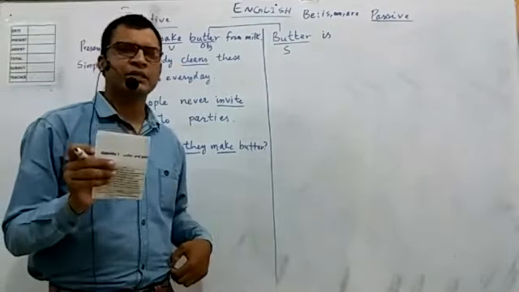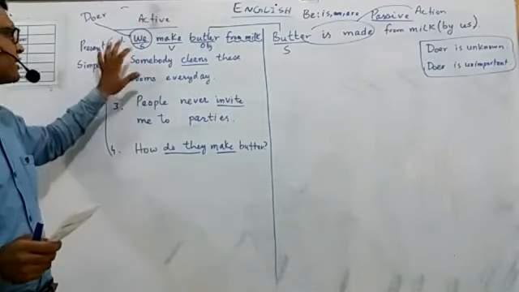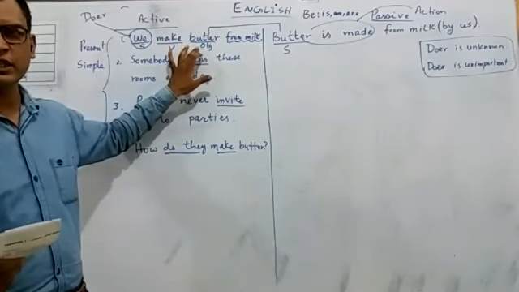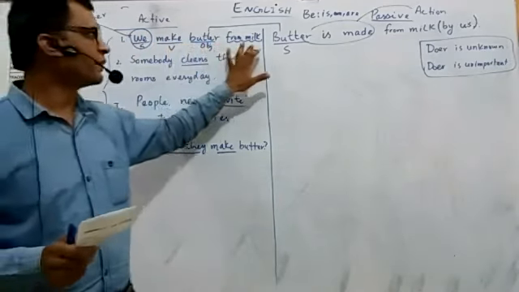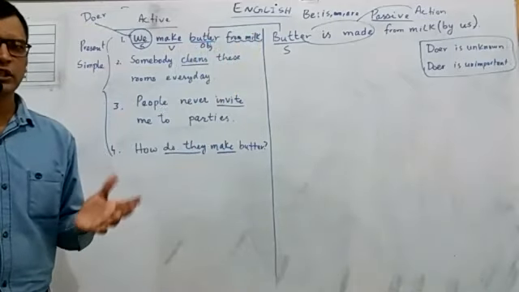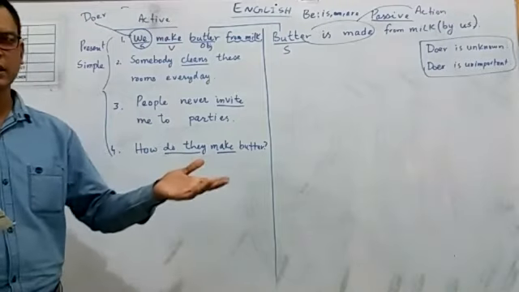Now, let's go over what we have done one more time. We make butter from milk. That is an active sentence in present simple tense. It has a subject we, a verb make, and an object butter. From milk is a phrase we call a prepositional phrase, which is the same in the other sentence too.